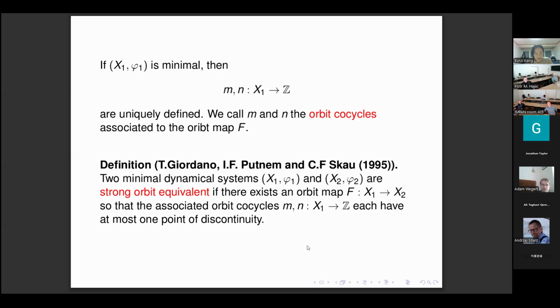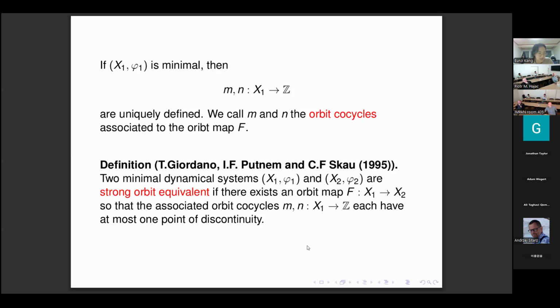I have a question. The name orbit cocycles: does it mean that they are cocycles with respect to some coboundary map? What is the meaning of the cocycle in this phrase, orbit cocycle? Do these functions satisfy some cocycle condition, a cocycle equation?